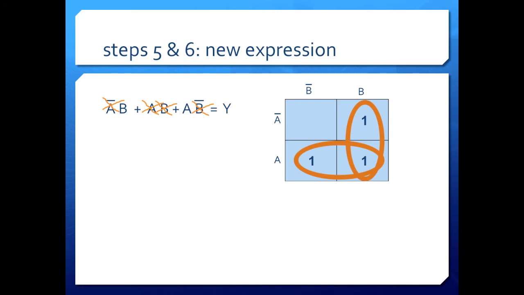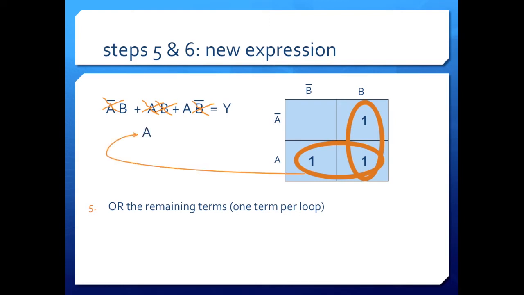Okay, step 5 and 6 really is just completing this expression. And you can see we've already eliminated the not A, the A, and the B naught. And so what that results in is 2 parts of that expression left, which we OR. So we take this loop, which is a horizontal, which we're left with an A, and we're left with the B on the vertical loop.